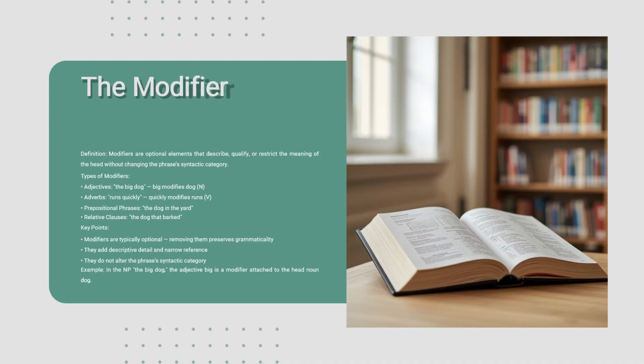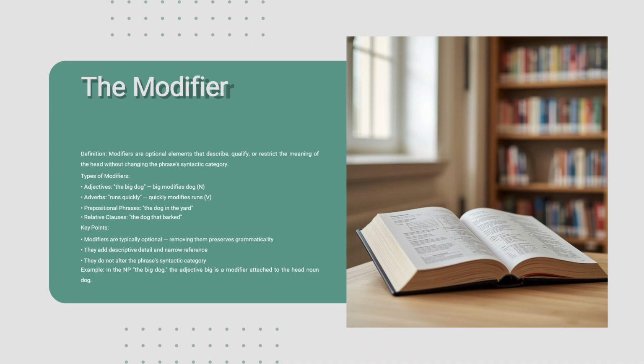The next is the modifier. Now moving towards the second concept, the modifier. A modifier is an optional element that adds extra information and description to the head. Its main purpose is to make language more specific and detailed. Modifiers do not change the grammatical category of the phrase. Different types of modifiers include adjectives, adverbs, prepositional phrases, and relative clauses.